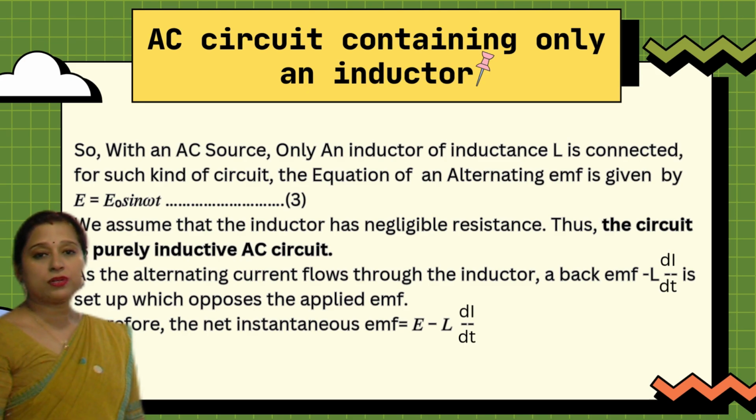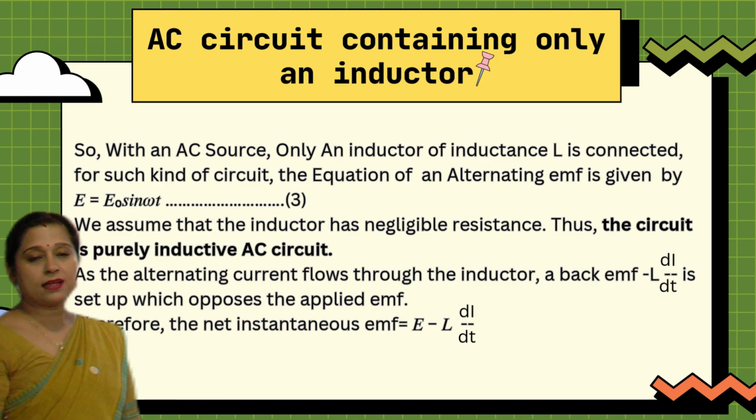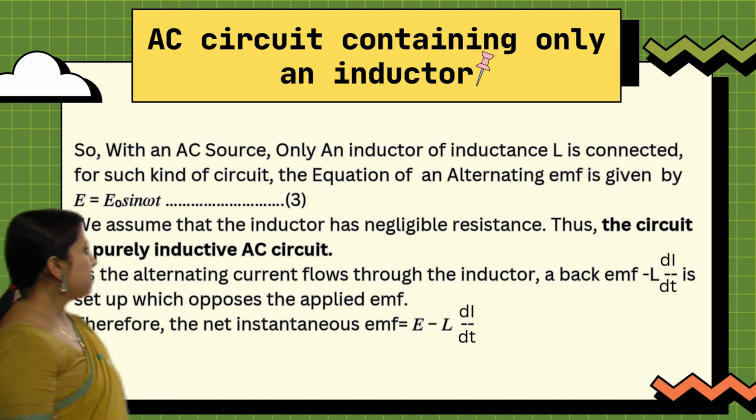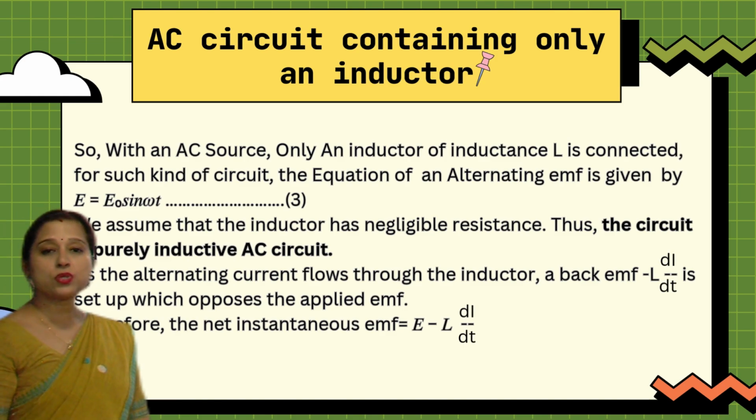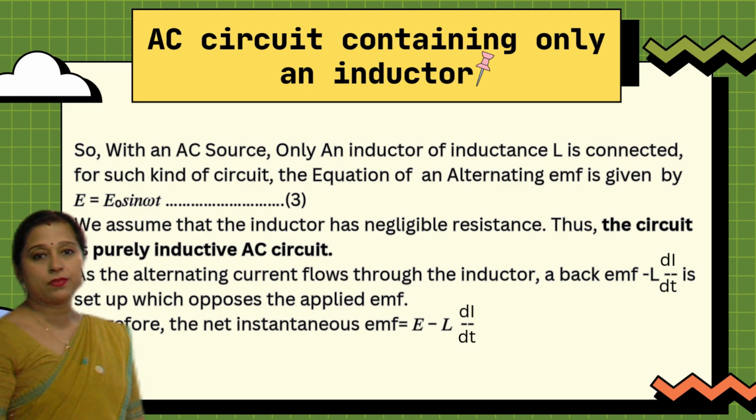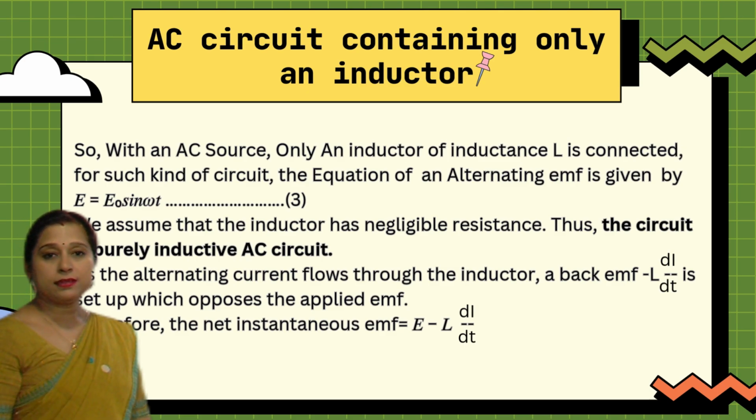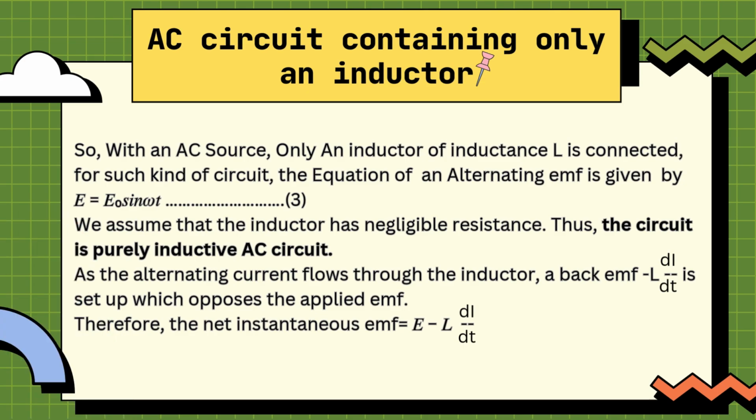As the alternating current flows through the inductor, a back EMF is set up which opposes the applied EMF. Therefore, the net instantaneous EMF will be equal to the applied EMF minus the EMF due to the back EMF.